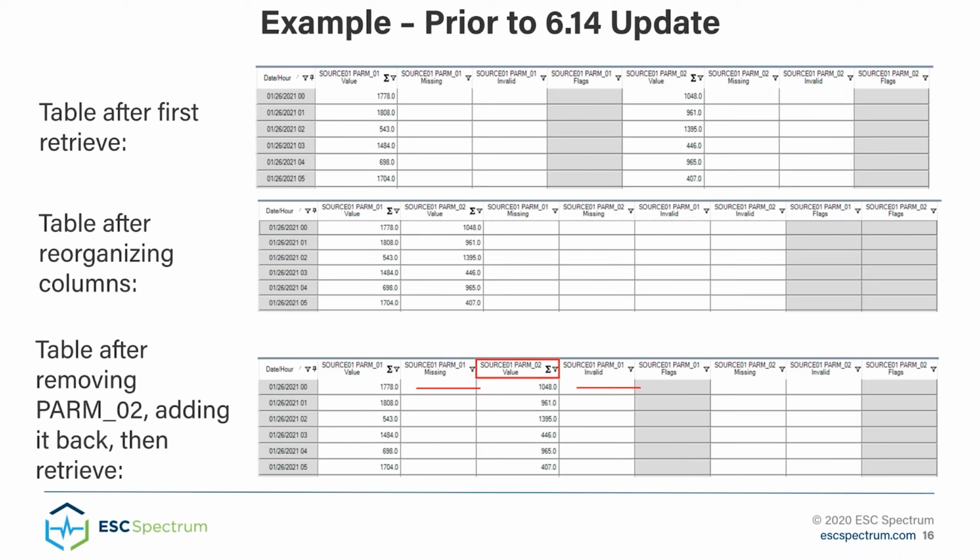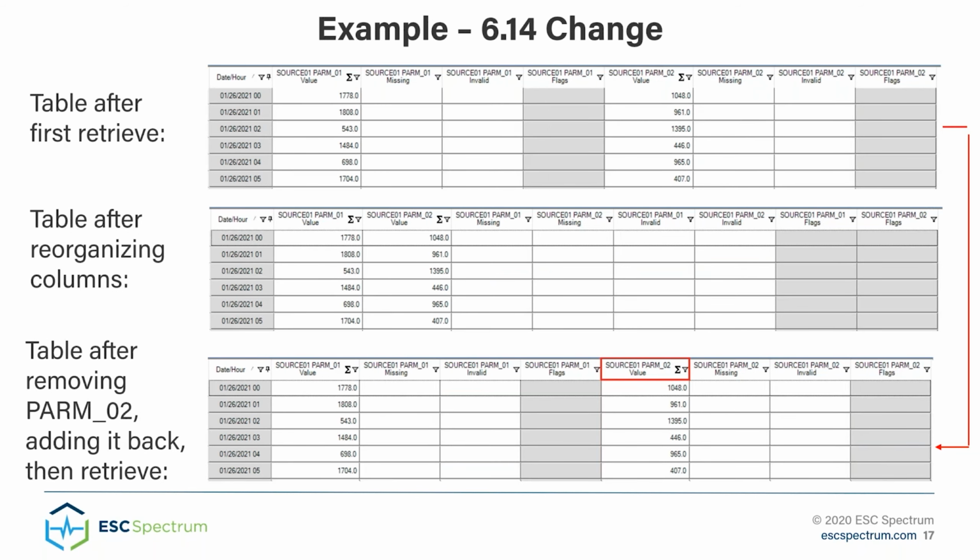And you can see in the bottom table that the PARM02 value field is squeezed between two PARM01 fields after the second retrieval. In 6.14, the bottom table is identical to the top table, which is expected behavior after removing a parameter selection and adding it back again.